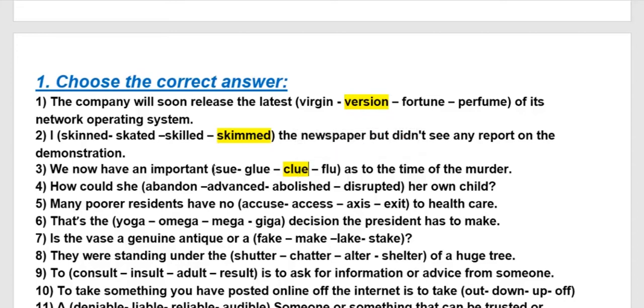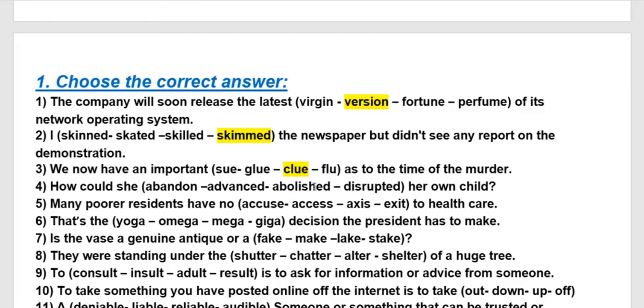Clue. How could she abandon her own child? As for abandon, to give up or to let down. Advance, to make it more modern. Abolish, to cancel.